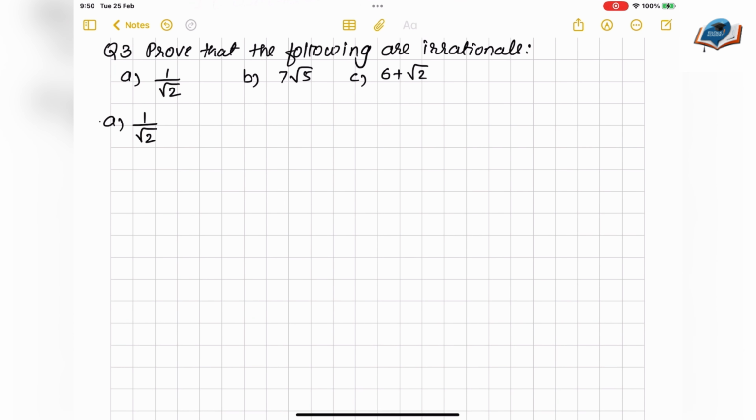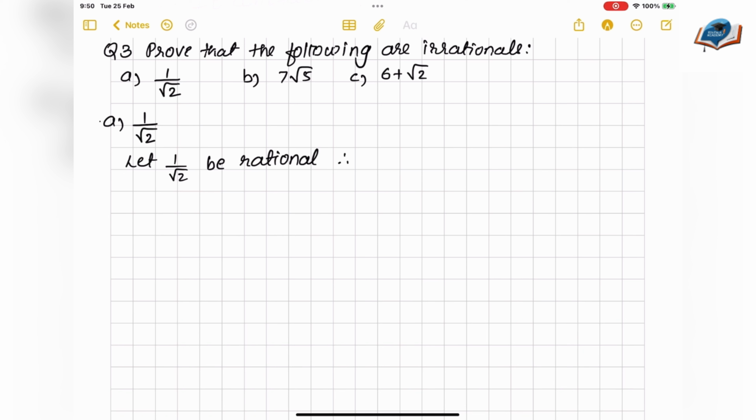Now question 3 says, prove that the following are irrational. First one is 1 upon root 2. So let 1 upon root 2 be rational.